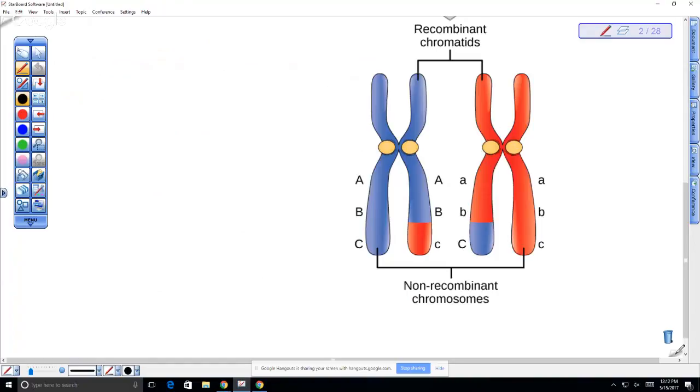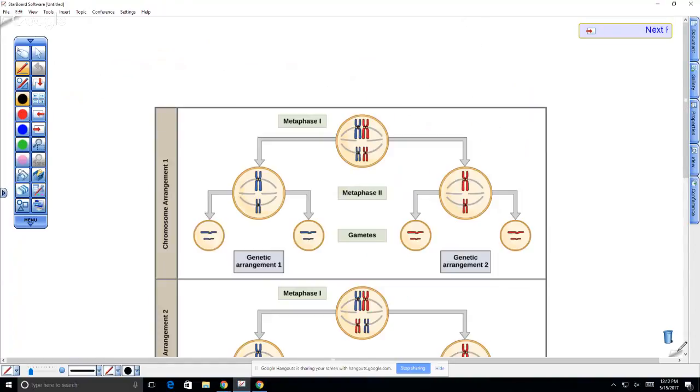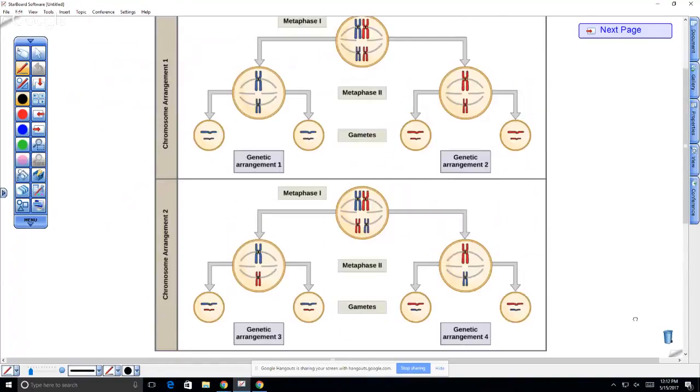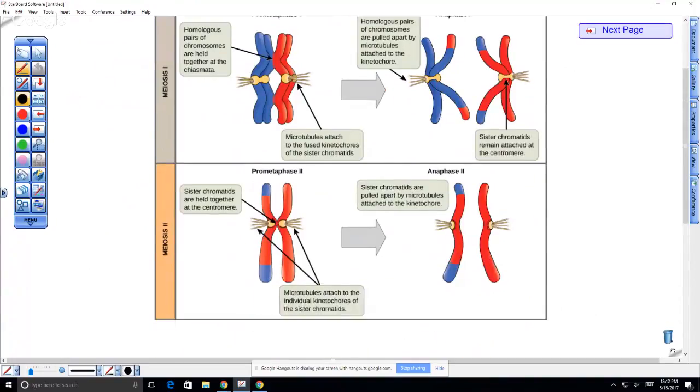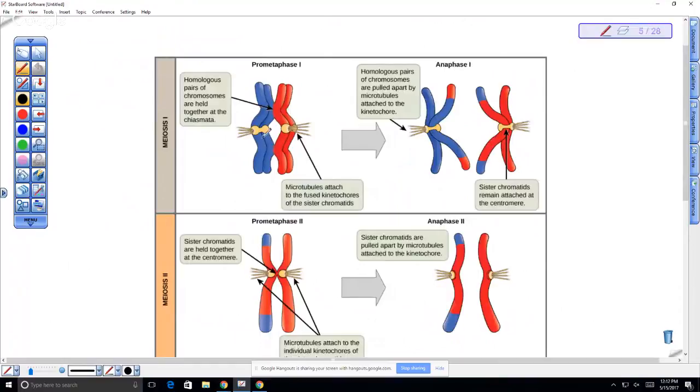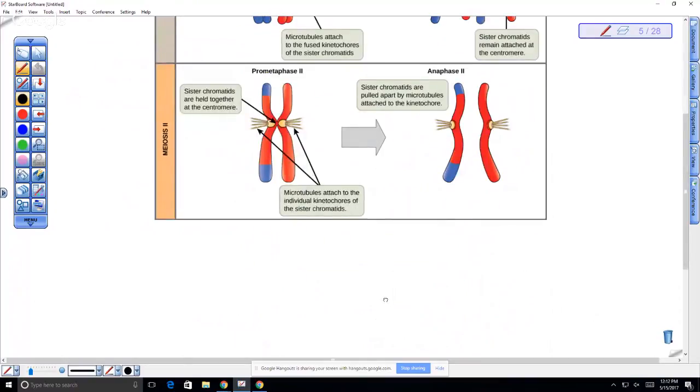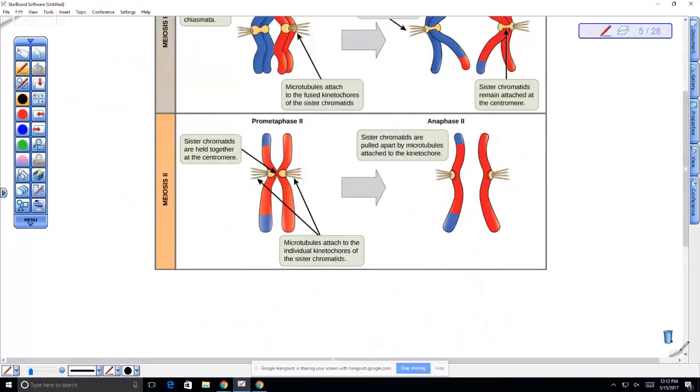So if we look at the diagrams that show meiosis, that one doesn't show the crossing over. Let's see if we can find one that does. Here's the crossing over. So notice that the chromosomes cross over and then they separate during meiosis 1, and then they separate again during meiosis 2.